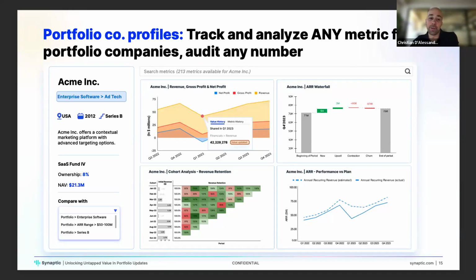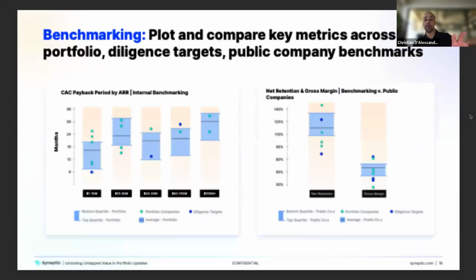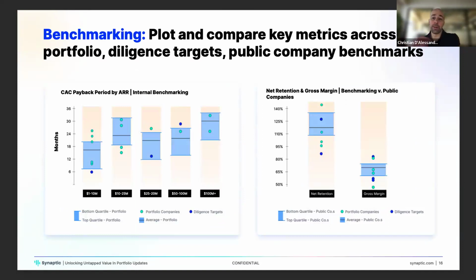And I think naturally, when you have all this data together, you saw in the results, a lot of folks chose benchmarking as well. So we think about having the data on a profile level. We look at some of the examples we had up earlier around having the data together. If you think about the benchmarking application, you can take any metric when it's been tagged appropriately and in a clean manner and plot and compare those metrics across not only your portfolio, but imagine being able to do that across diligence targets or comparing late stage portfolio companies that you have against their public company peers and benchmarking their performance.